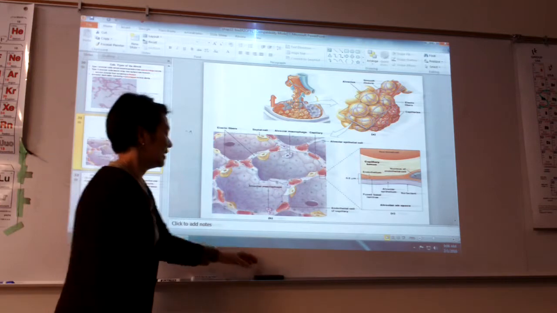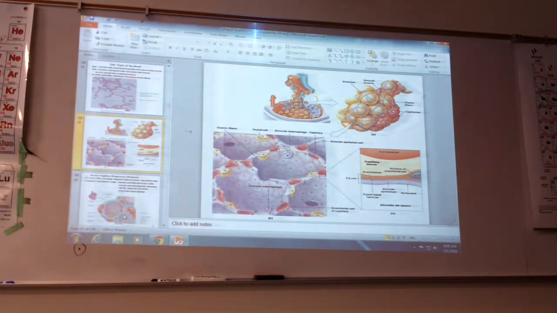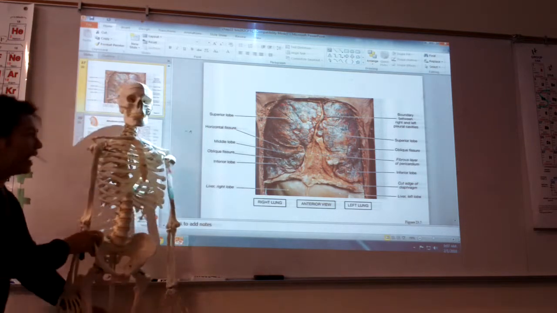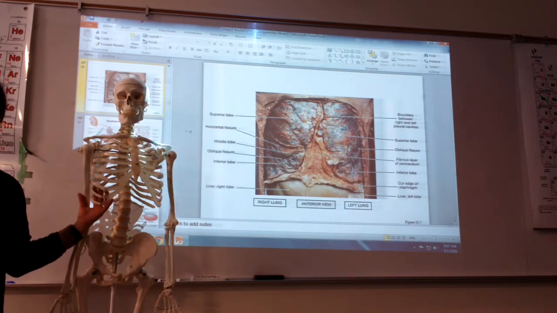Okay? Finally, I want to look at the coverings of your lungs. So we know that the lungs occupy the thoracic cavity, and it shares this thoracic cavity with your heart. And the lungs are covered by membrane also.